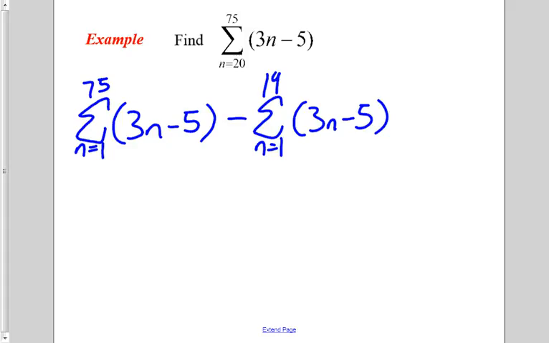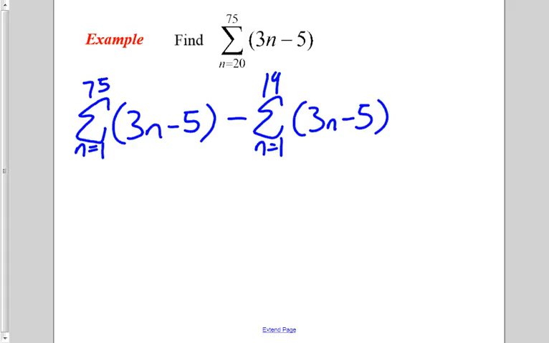Now, after changing the form, I see both of these parts are in sigma notation, and they both start at 1. So, since I can find u1, I can use my arithmetic series formula.